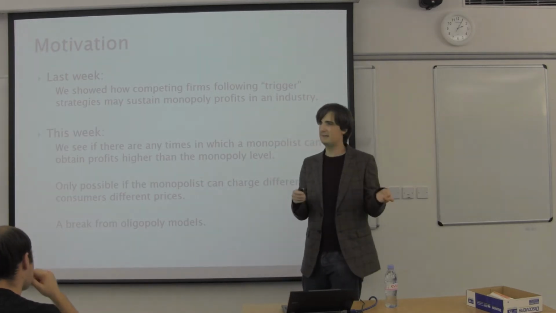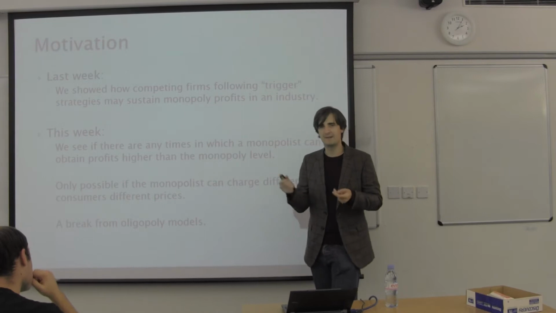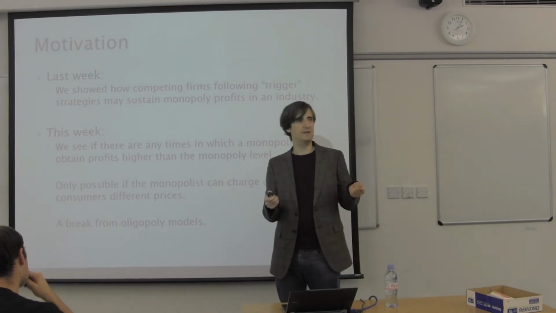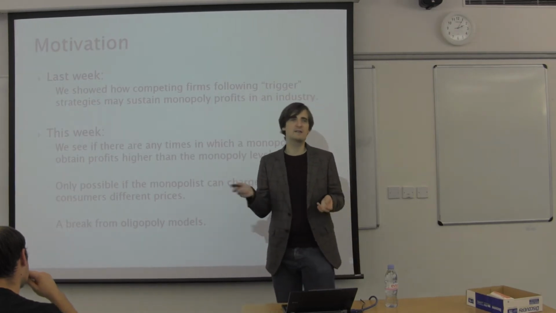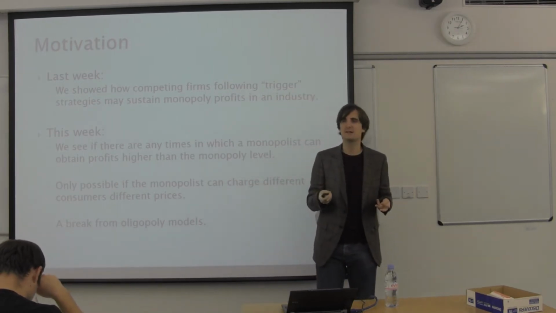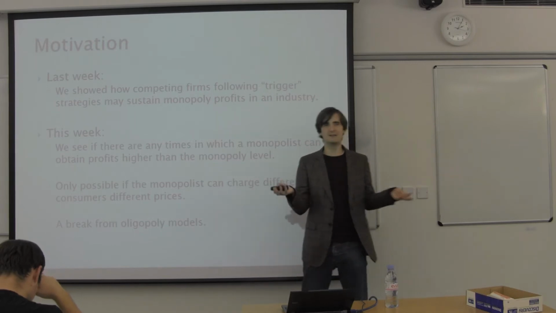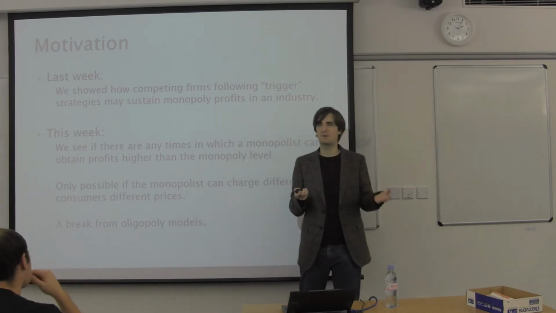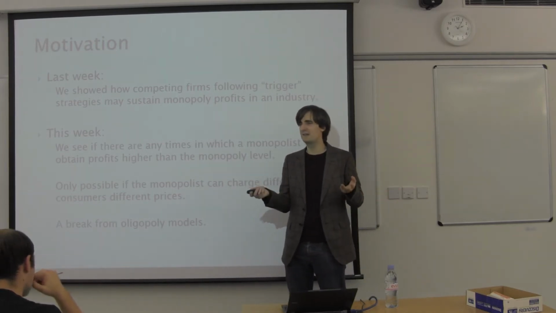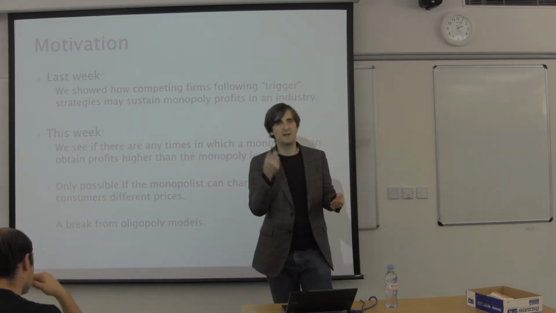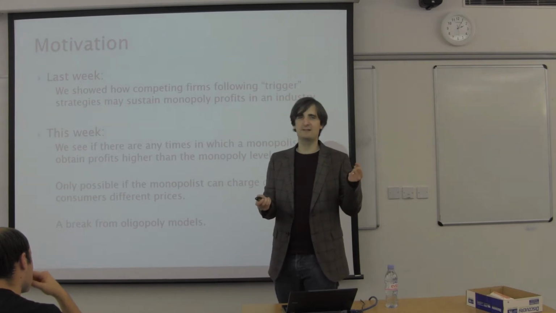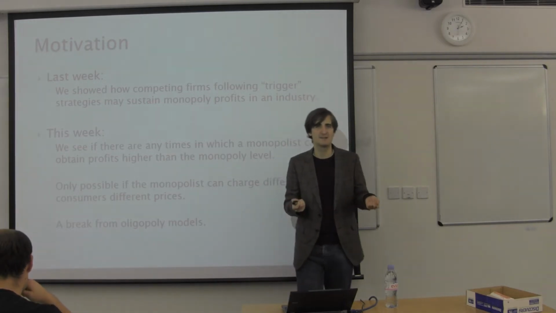So we're going back to static games, but we're going to see if it's actually possible to get even higher profits than the profits under monopoly. And the way firms could do this is by something called price discrimination. The most obvious example of price discrimination for you guys is student discounts. If you go to, I don't know, the Odeon, they will give you 10% off your film tickets.